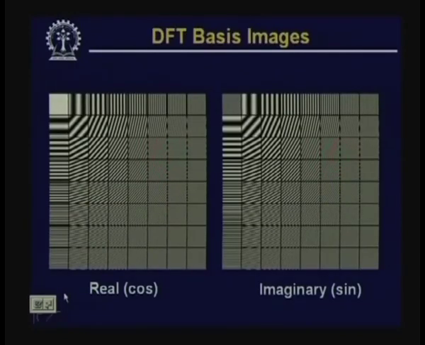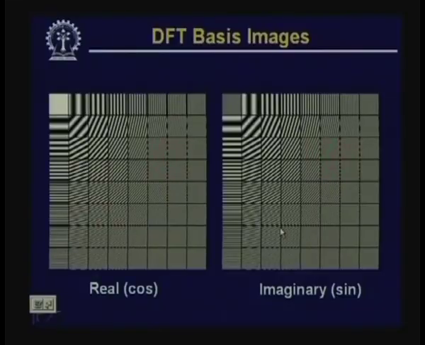As the Fourier transformation is a complex quantity, for the Fourier transformation we will have two basis images. One basis image corresponds to the real part, the other basis image corresponds to the imaginary part.